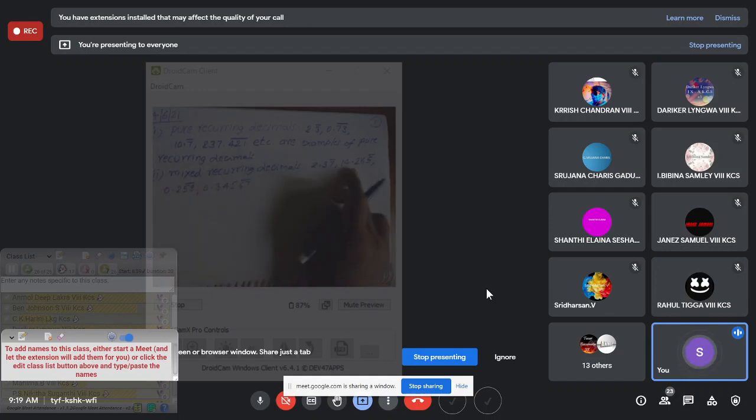If you observe these decimal numbers, after the decimal point, some digits are not repeating and some digits are repeating.